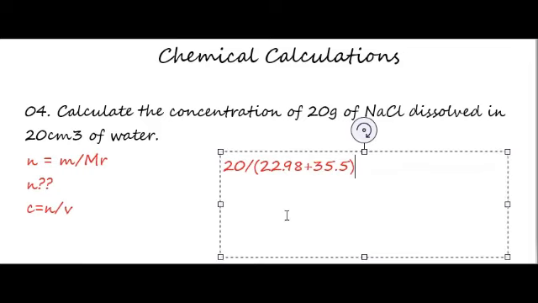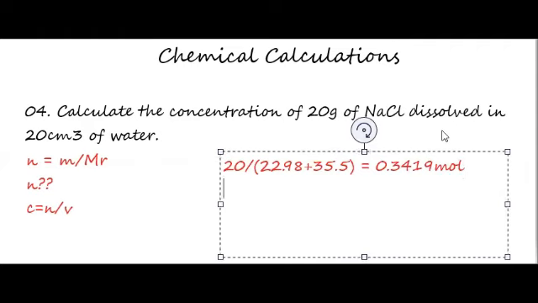The answer is 0.3419 moles. Then we'll calculate the number of moles now. N is 0.3419 moles. We calculated the first step. Now we'll calculate the concentration.